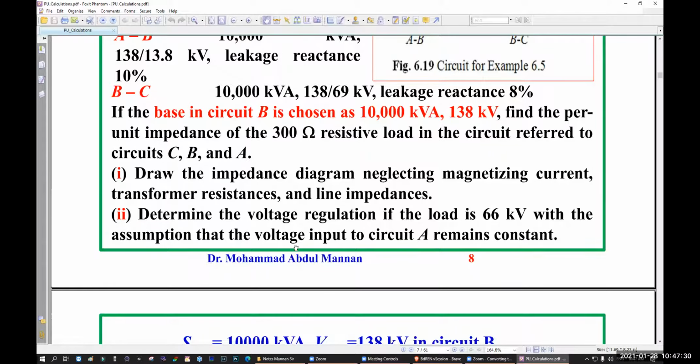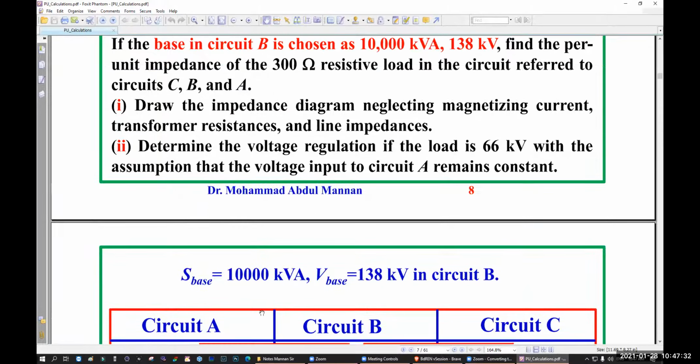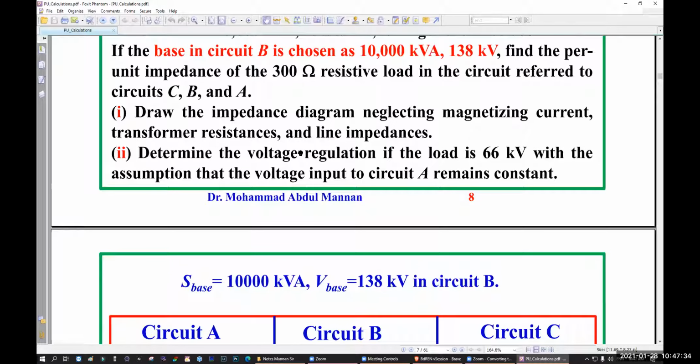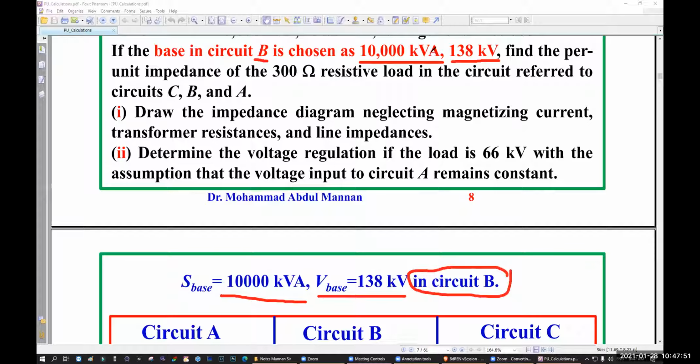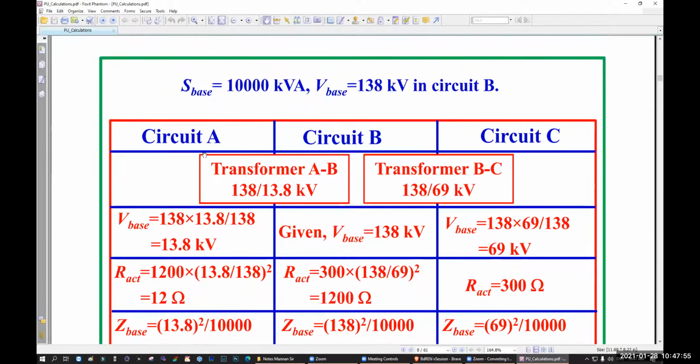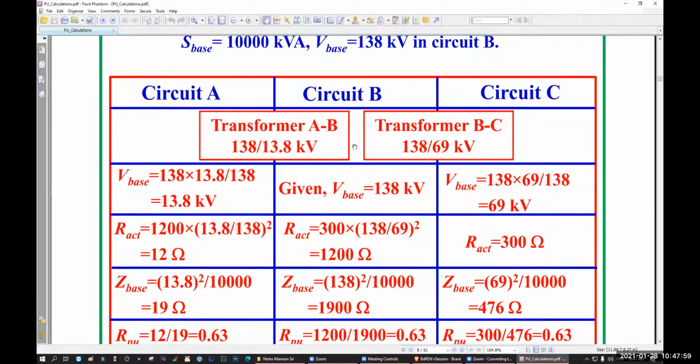remains constant. So here it says, what is your base? Your base is circuit B parameters. That means 10,000 kVA and V base is 138 kV, right? This is for circuit B. Circuit A, circuit B, circuit C. So you have three types of calculation here.